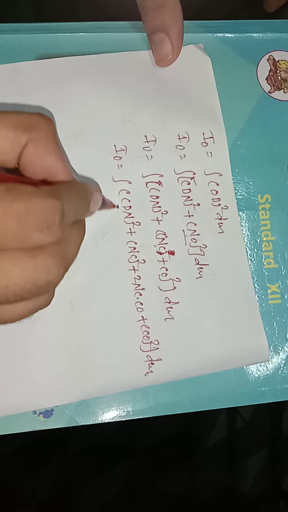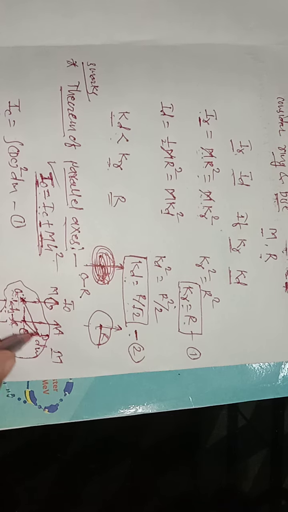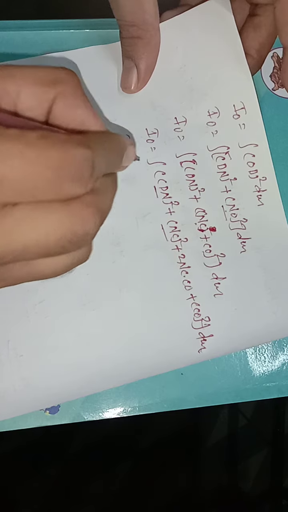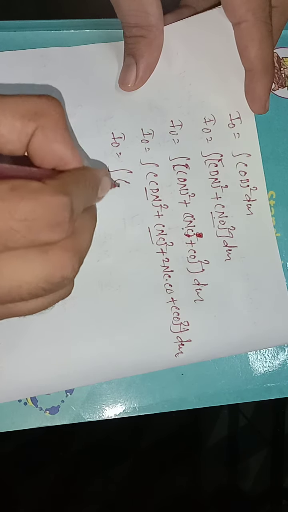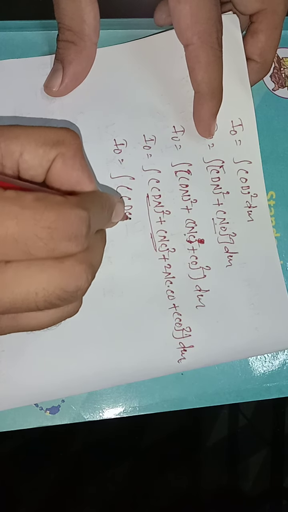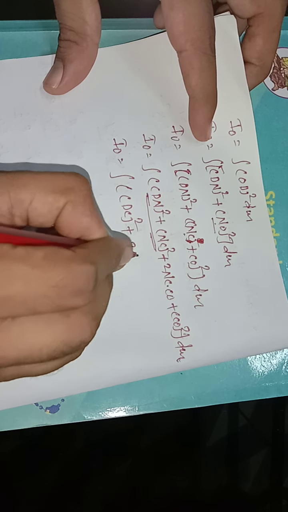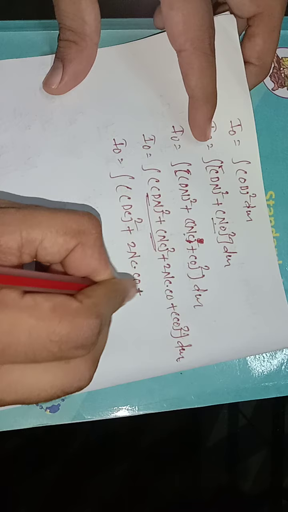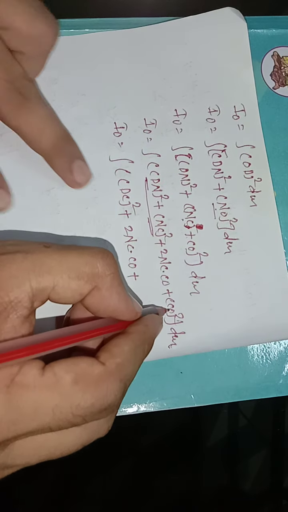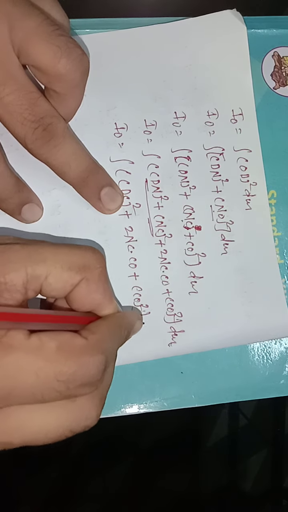Now what is DN square plus NC square? From the figure, this is DC square, by applying the same Pythagoras theorem. Now in the big bracket, instead of DN square and NC square we can write DC square plus 2 NC CO plus CO square, into dm.